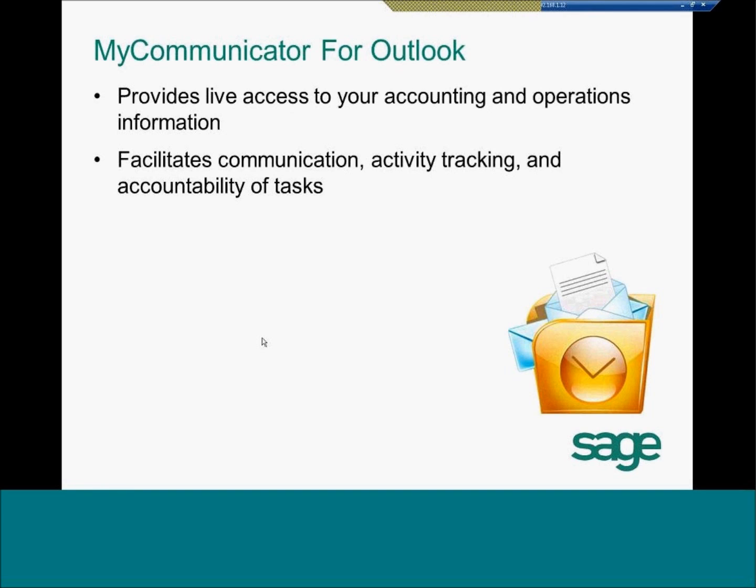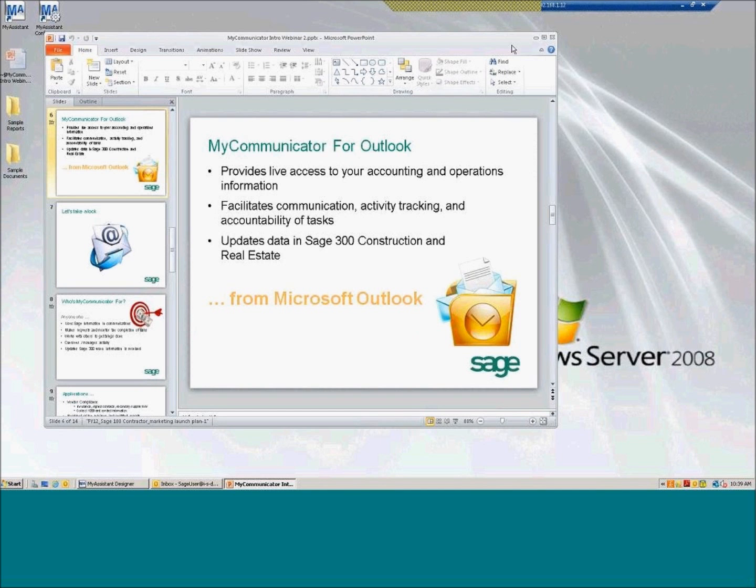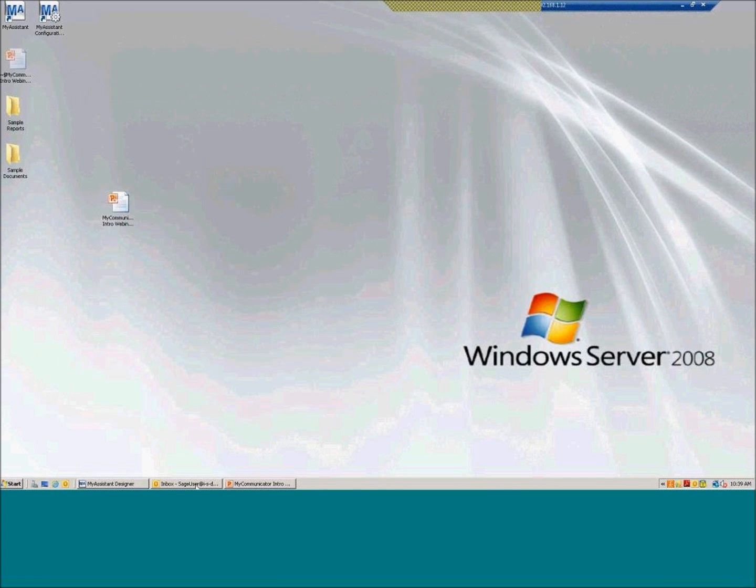It will log the activity, and you also can track accountability, such as who you're waiting on, or who someone else is waiting on, or who owns a certain task. And then you can turn around and update Sage right from Microsoft Outlook. So in short, MyCommunicator integrates these two tools that you probably use all day, every day, and helps you facilitate your business, all in Outlook. Let's go ahead and look at the software.